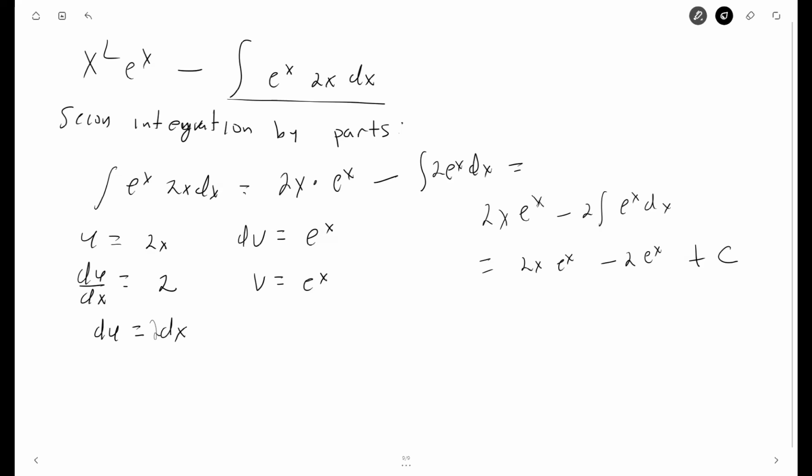Okay, so now we have this result here. Now we're going to plug it into the earlier expression.